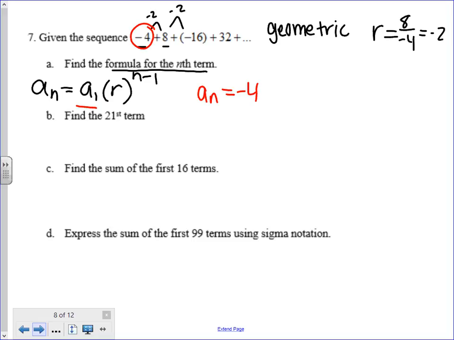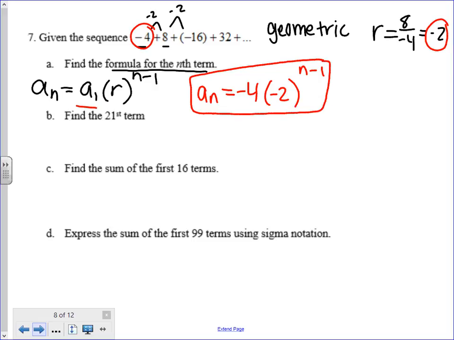R is my common ratio. We said by taking the second term divided by the first term, that equaled -2. And since I'm finding a formula for the nth term, I leave n alone and leave that as to the n minus 1 power. Okay, so that is the formula I'm going to use here to help me out in subsequent questions.